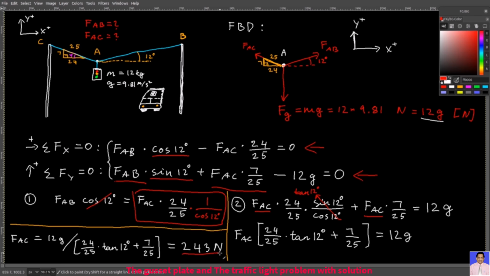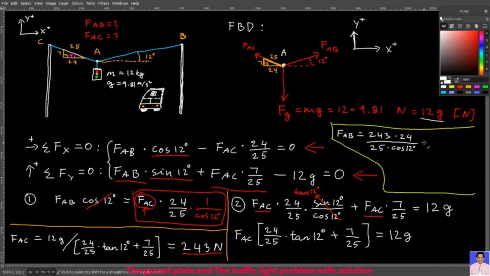So that's your FAC. And now, in order to calculate FAB, you put 243 newtons here into this variable. And so FAB equals, and then all this, that's this expression here, and that will give you 239 newtons.